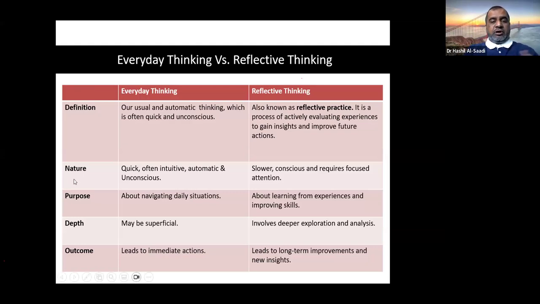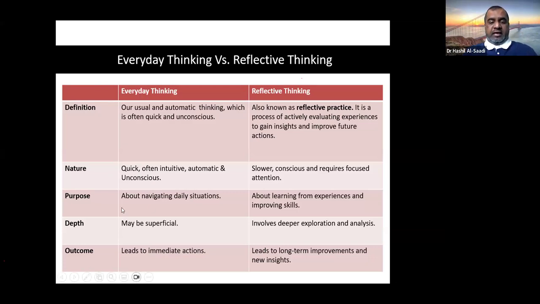Let's look at the nature of everyday thinking. It's quick, often intuitive, automatic and unconscious. But the reflective thinking, on the other hand, is usually slower, conscious, and requires focused attention. Let's look at the purpose.